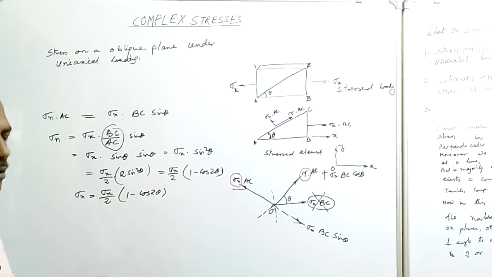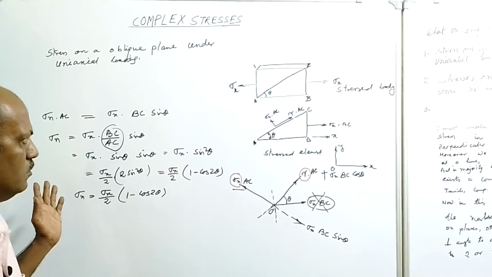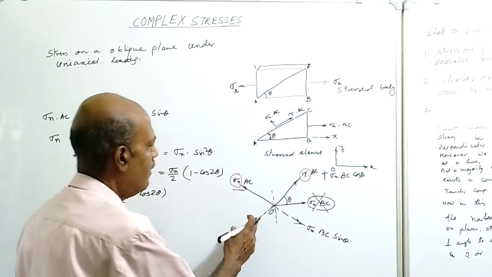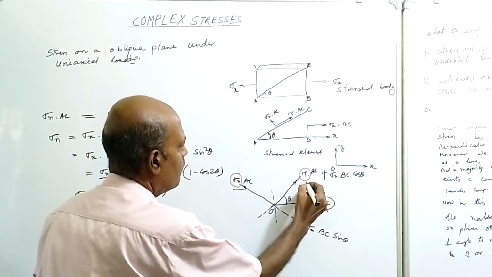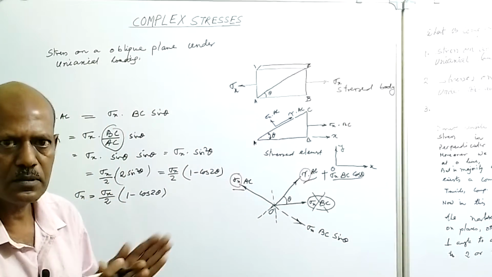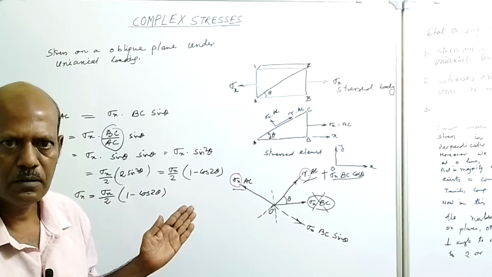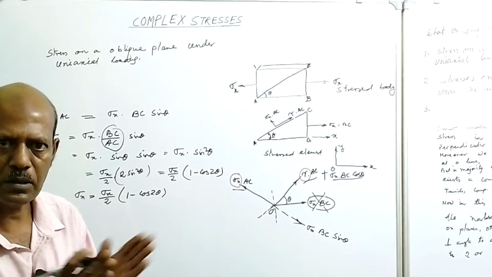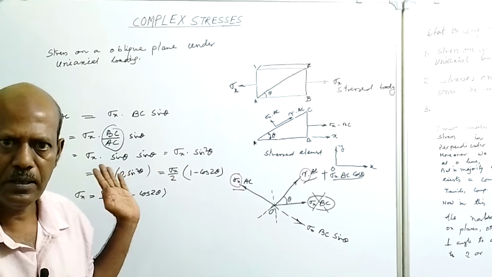Now we will go for the derivation of tau. From the vector diagram we can see that both the forces are acting in one direction. That means the sum of the forces will be 0, so that the element will be in equilibrium.